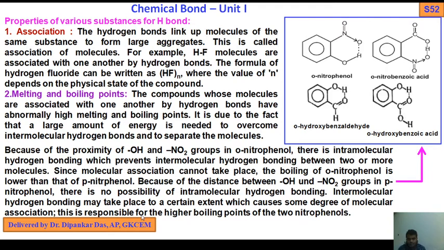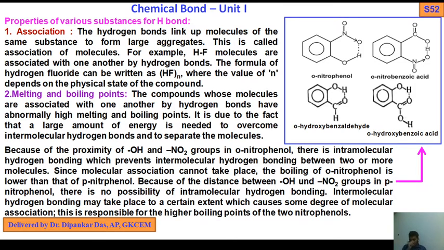Intermolecular hydrogen bonding may take place to a certain extent, which causes some degree of molecular association. This is responsible for the higher boiling points of the two nitrophenols. So the boiling point of orthonitrophenol is less compared to paranitrophenol.